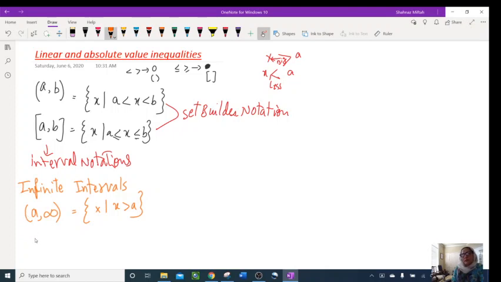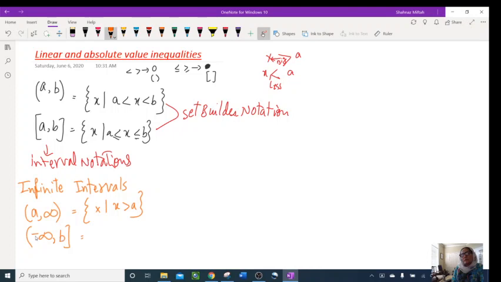Then we have another infinite interval. For example, if we have negative infinity and b, I already said infinity is going to have parentheses because it's not included, not a real number, in case b is included. So I'm going to say b is included.